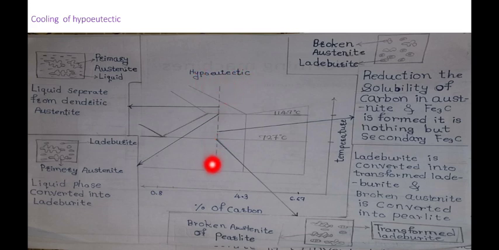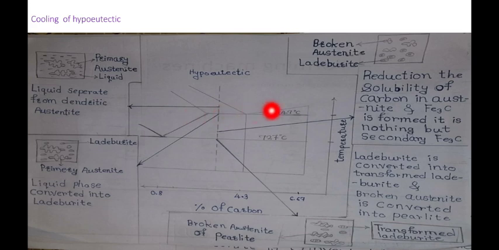This vertical line is nothing but the cooling of the white cast iron, and below this liquidus line there is liquid and dendritic austenite present. And how do we get it? The liquid separates the dendritic austenite. This is the dendritic austenite, and the liquid phase is present, and this is the microstructure.